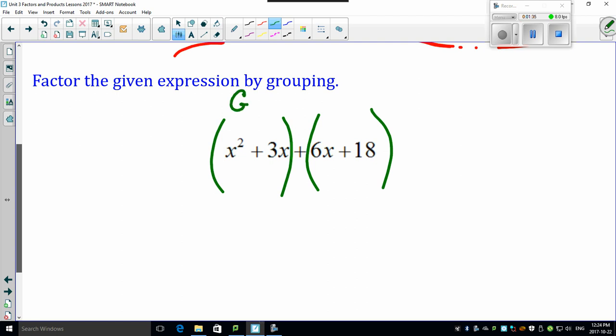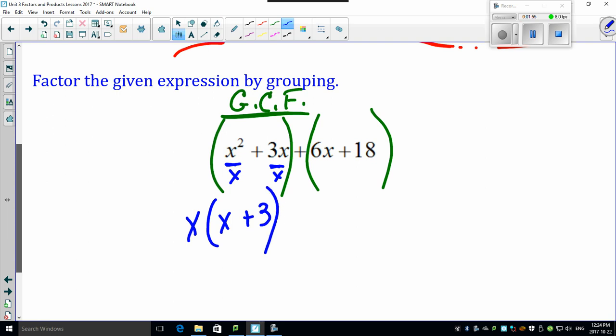Now, GCF is one of the most powerful styles of factoring that you can do. You're going to find the greatest common factor of these things. If you look at these two terms, the greatest common factor is x. If you divide this by x and divide this by x, you're going to get x plus 3. Now, check this out.